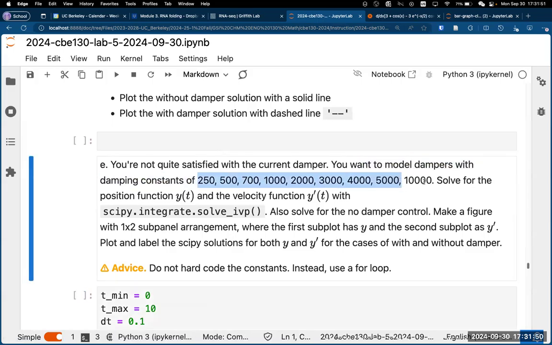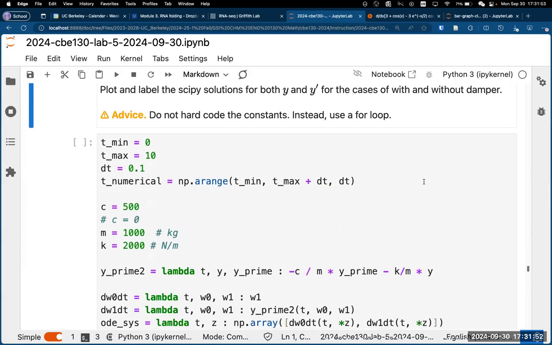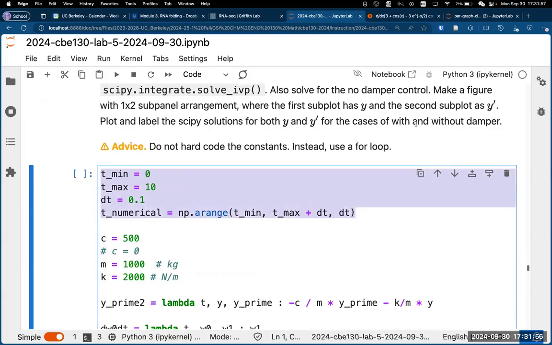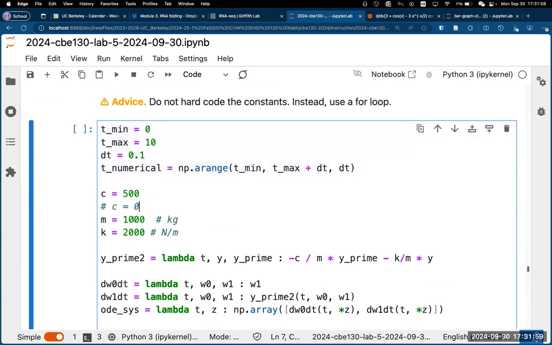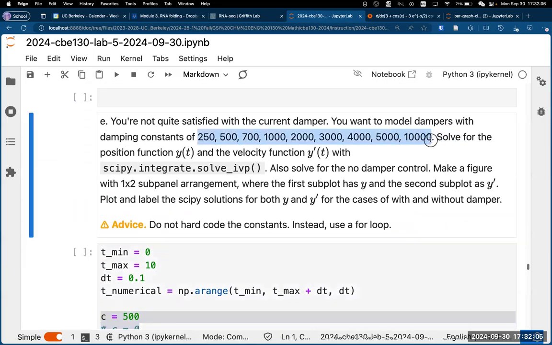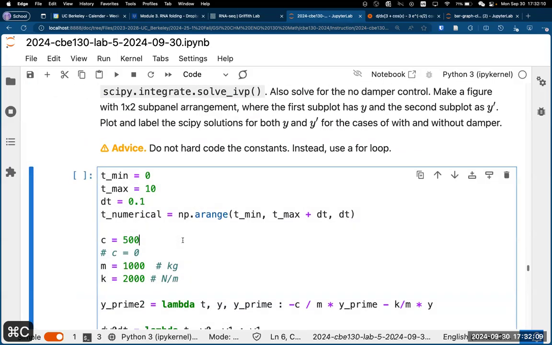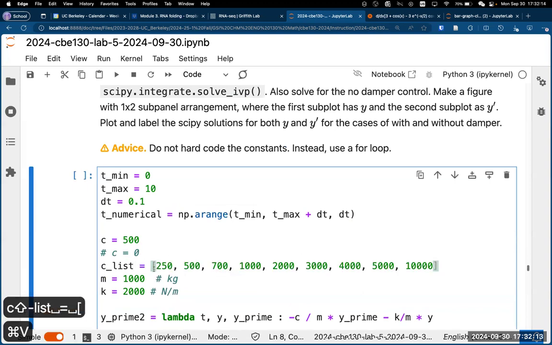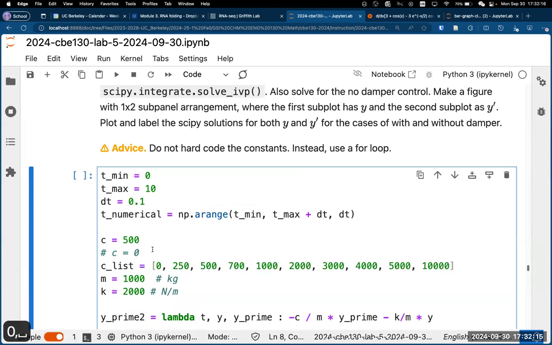If I give it 100 lists, you can't do it 100 times. So what you should do is, first the t is the same. And then these 2 constants are the same, but c is different. For c, we have a list. So we want all these damping constants, but also solving for no damper control, which is 0. So we do c list is equal to these values, and then plus a 0, which is the no damping control.